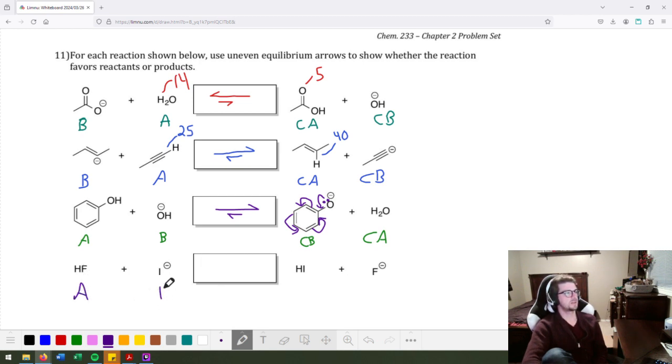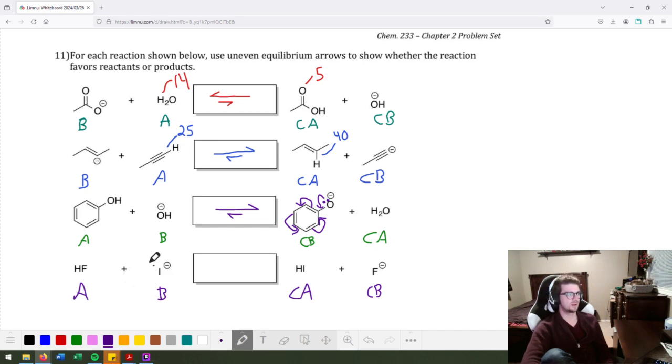So, acid, base, conjugate acid, conjugate base. Okay, so I don't know the pKa's of these off the top of my head, so we're just going to look at the conjugate bases. So we've got I minus and F minus.